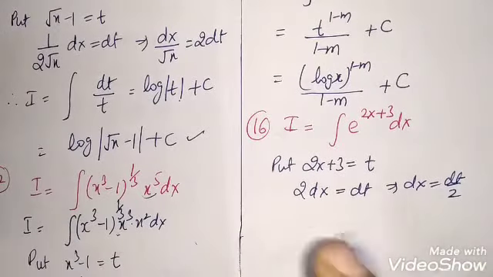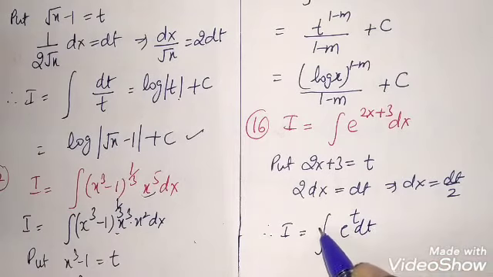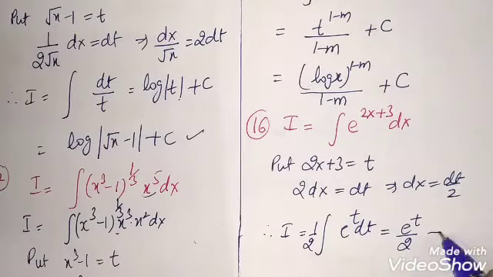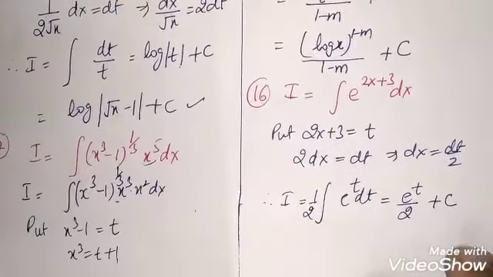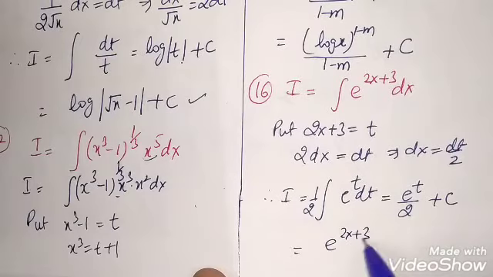Therefore the integrand is equal to integration of e to the power t, and the value of dx is dt by 2. I can take the 1 by 2 outside. It is e to the power t by 2 plus c. The value of t is 2x plus 3, so it is e to the power 2x plus 3 upon 2 plus c.